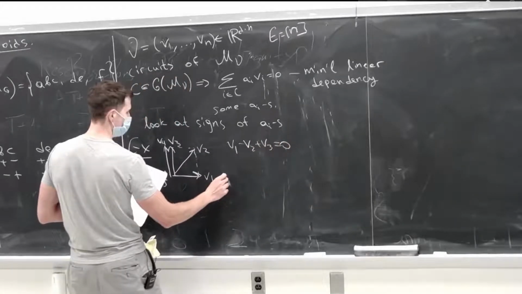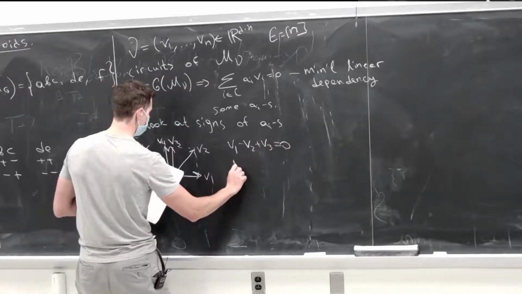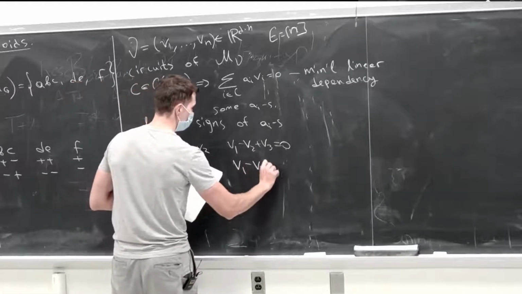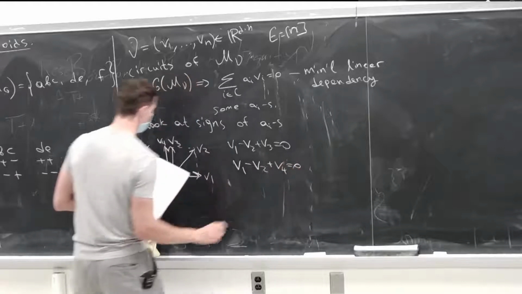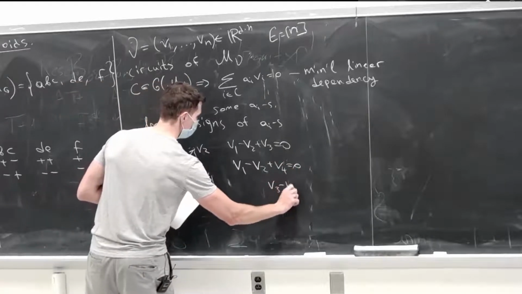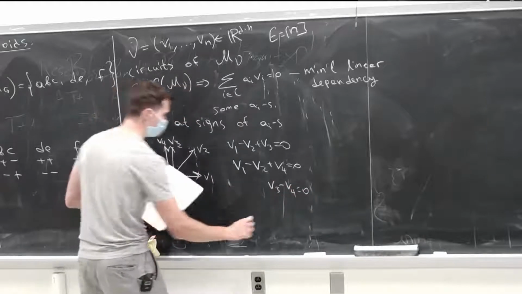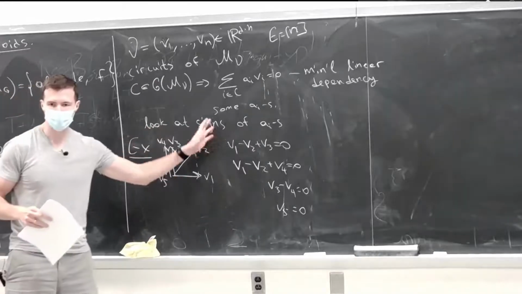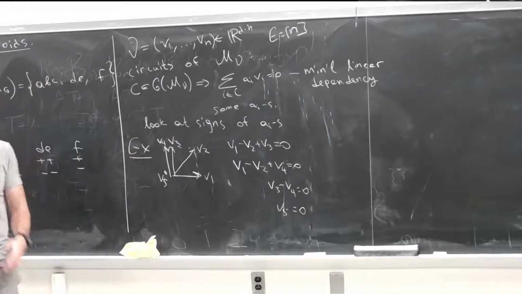There's another one, v1, v2, and v4: v1 minus v2 plus v4 is 0. There's also v3 minus v4 is 0. There's also v5 is 0. So these are my minimal linear dependences.